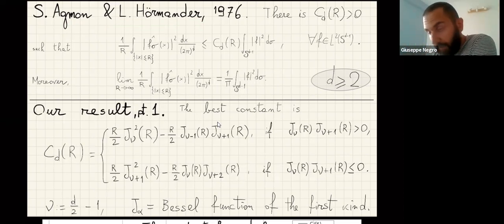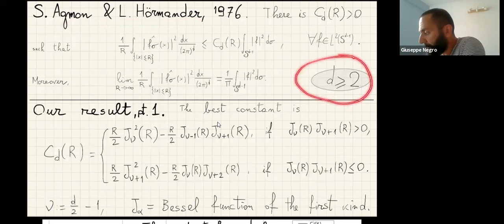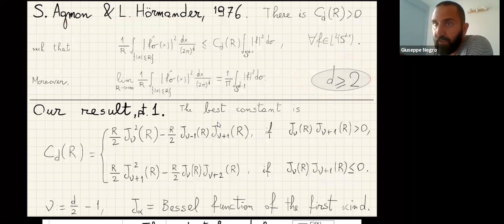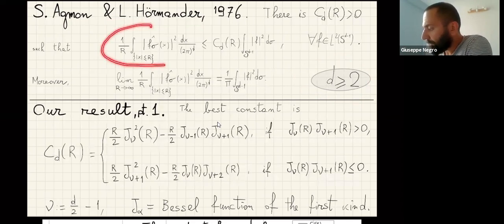So considering the sphere and the measure on the sphere, sigma will always be the surface measure on the sphere. And there is no need to stick with the 3D case. I'm considering the general dimension case, dimension at least 2. So we have this inequality.